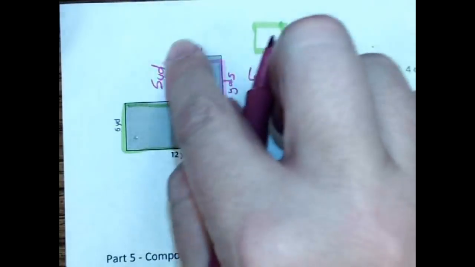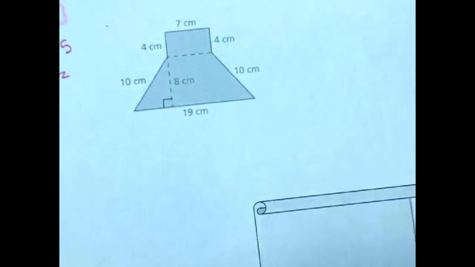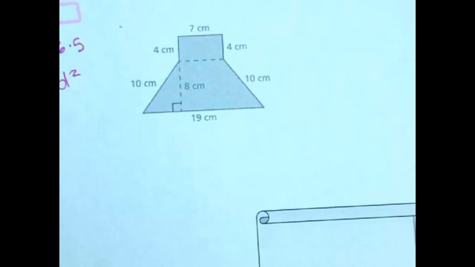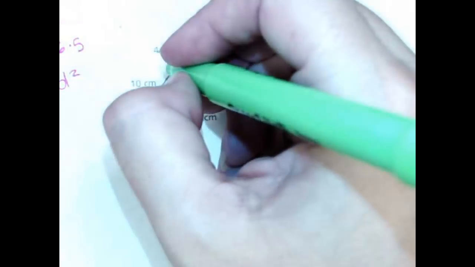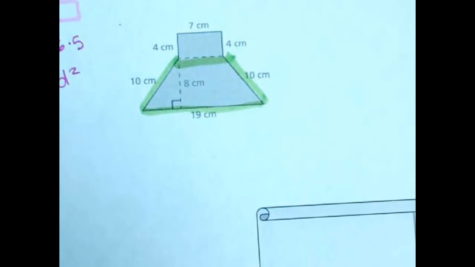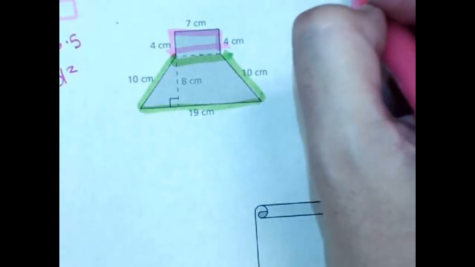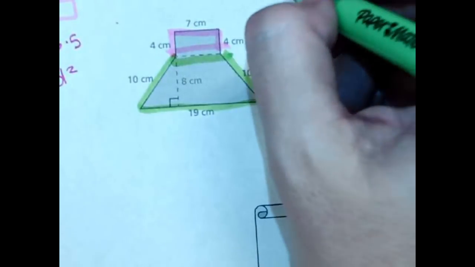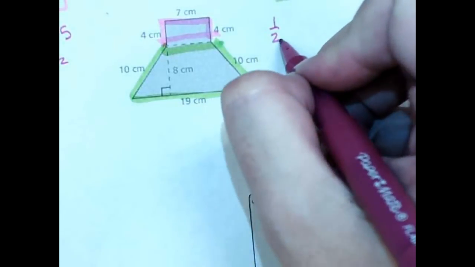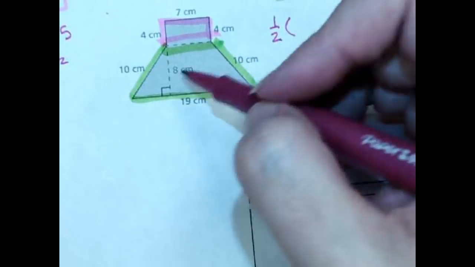So sometimes you have to figure out a length that you need. And then sometimes you have almost the opposite problem, where they give you so much information that you have to figure out what you're going to cut it down to. Well, this one, you need to cut down to a trapezoid and a rectangle. On my trapezoid, I need 1/2 times the sum of the bases.